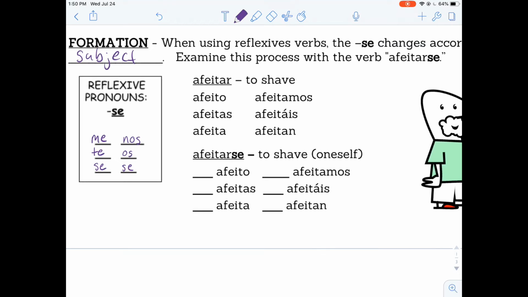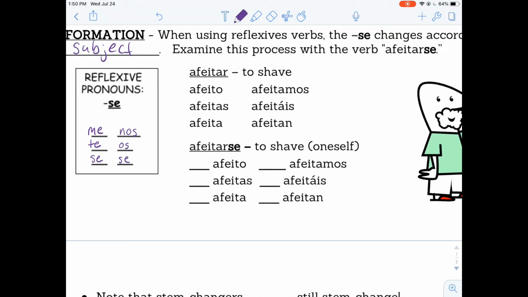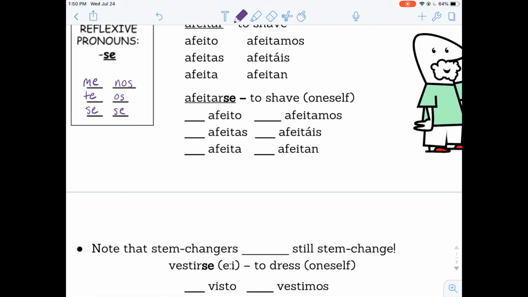So let's look at our verbs now. So we have the verb afeitar, meaning to shave, which in the present tense conjugates normally. Afeito, afeitas, afeita, afeitamos, afeitáis, afeitan. Now if I have afeitarse, meaning to shave oneself, since it has the reflexive, I'm going to include my reflexive pronouns. If I'm thinking of my chart, my yo form is going to match with me.